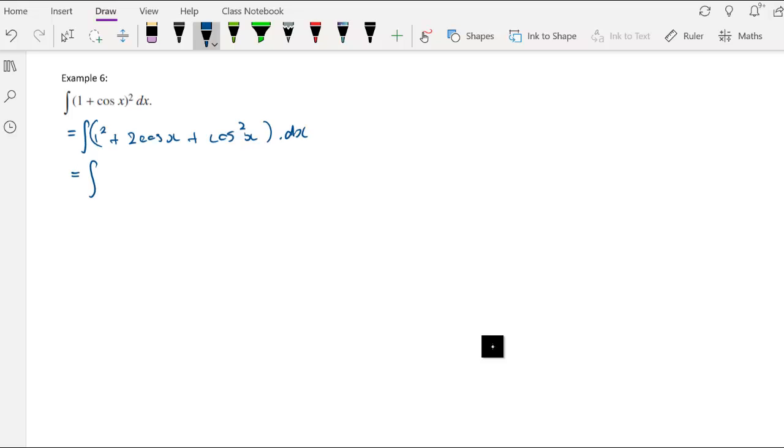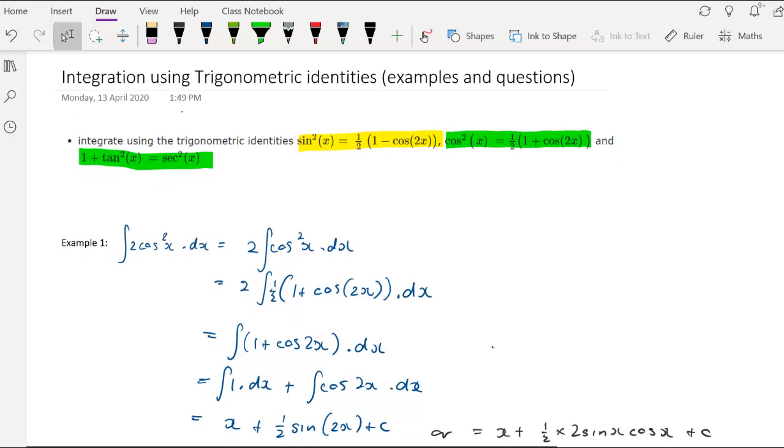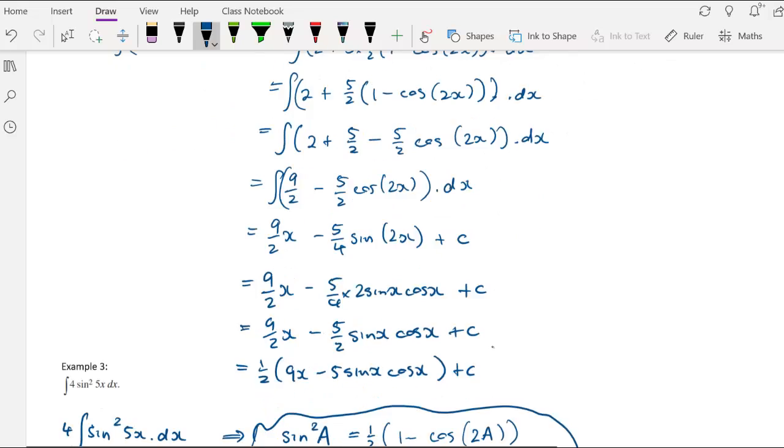So it means we end up with the integral of 1 plus 2 cos x plus cos squared x dx. Now we know that cos squared x is equal to, let's go back up to the top, cos squared x is equal to 1/2 of 1 plus cos 2x.